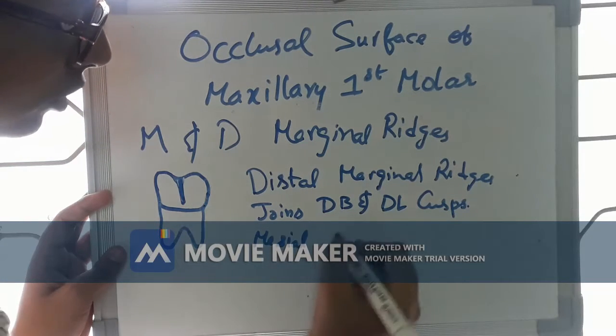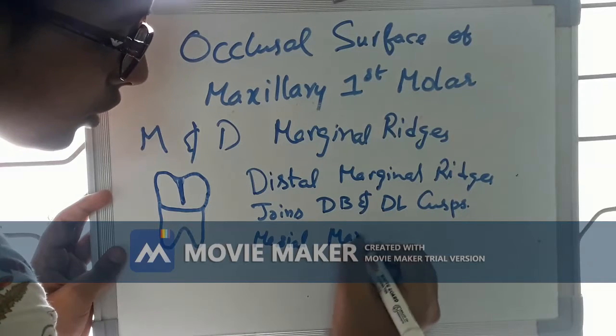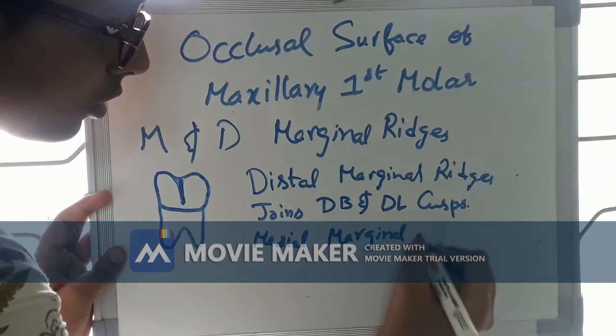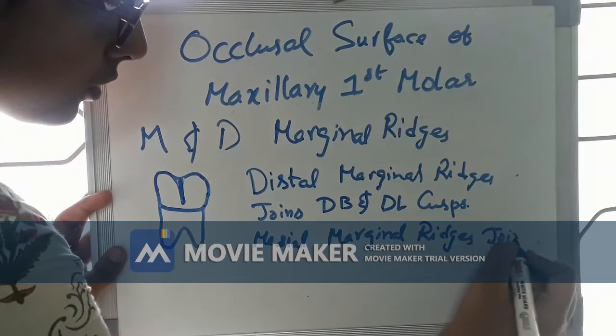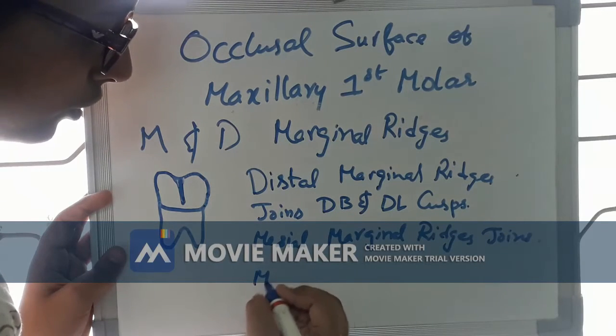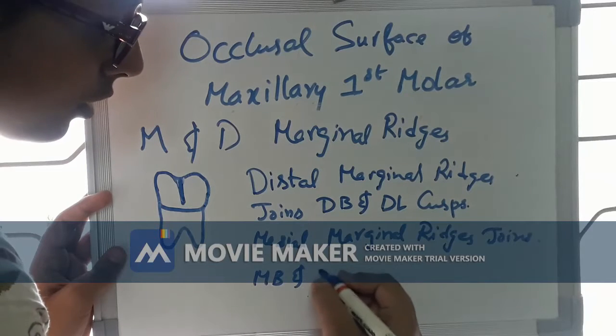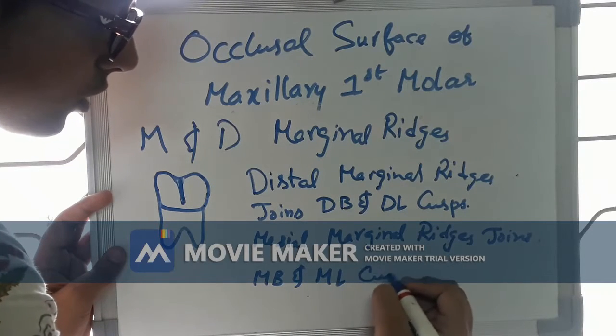The mesial marginal ridge joins the mesiobuccal and mesiolingual cusps.